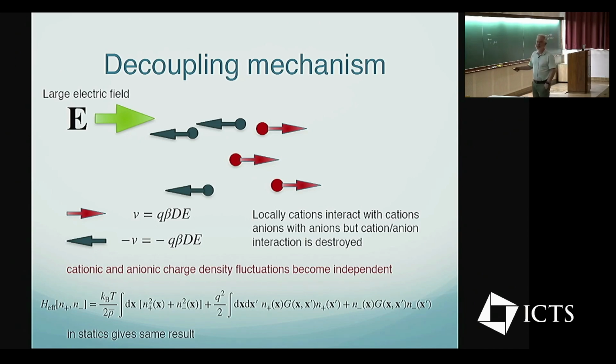So if I write down this quadratic theory that I showed you at the beginning, which is an equilibrium theory, and I throw away the interaction, in principle I should have a term minus n plus n minus here, the interaction between the positive and the negative charge distribution, but I've thrown it away. So I have a theory for 2 independent charge distributions.